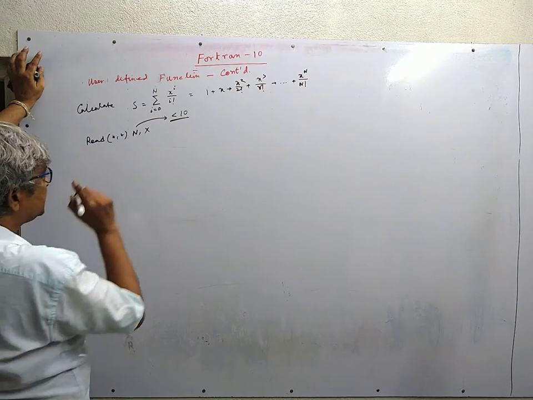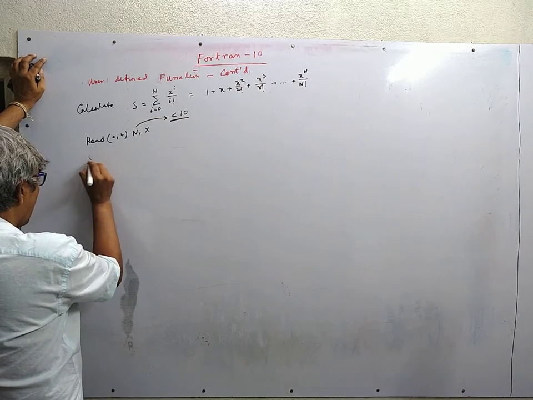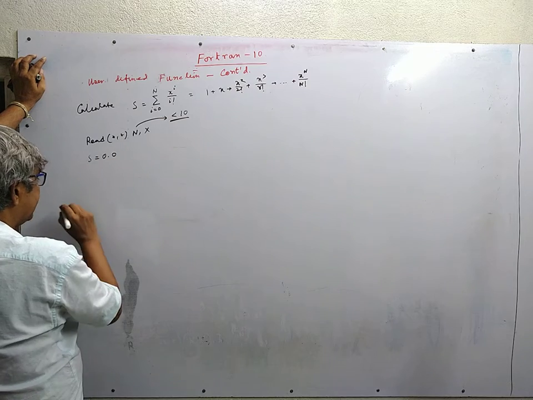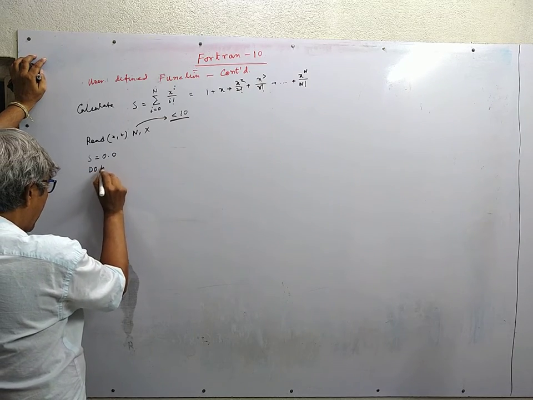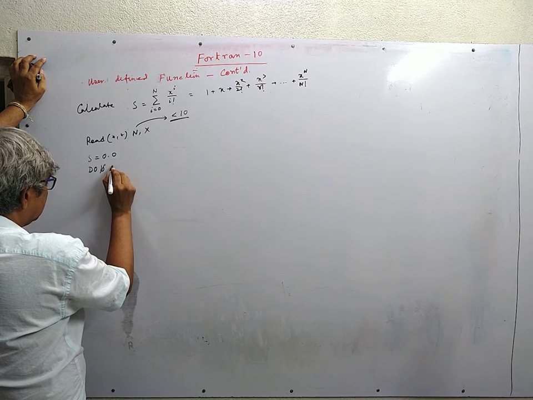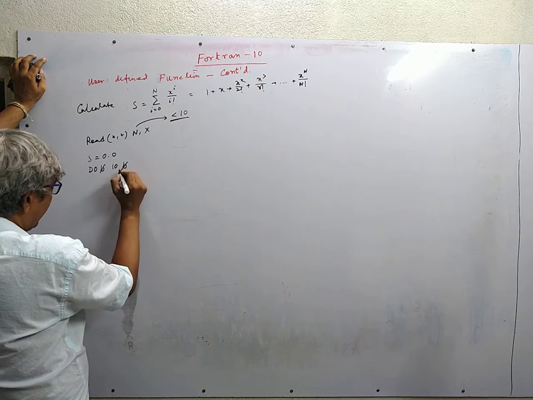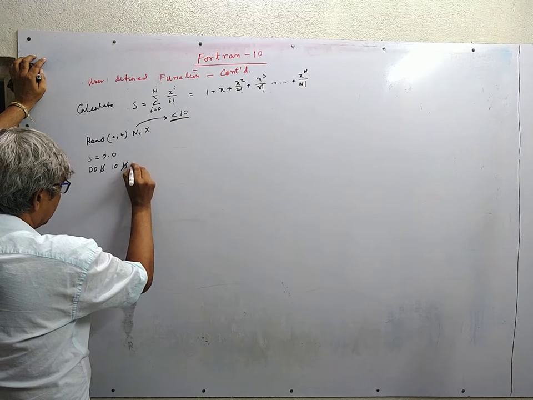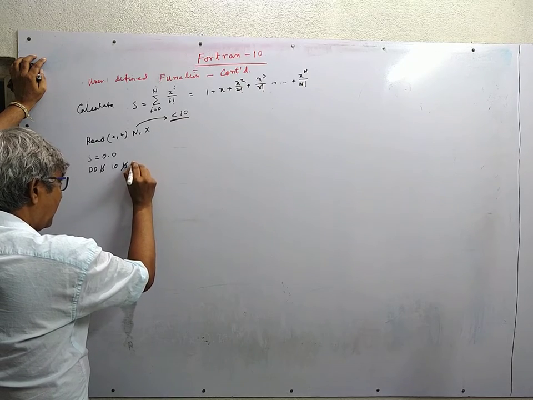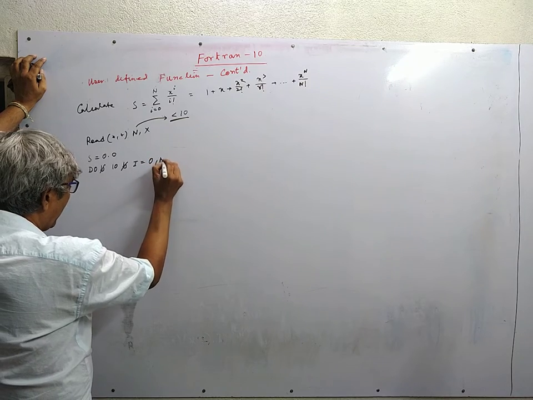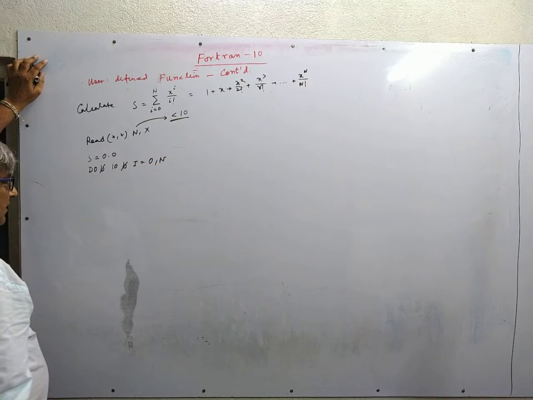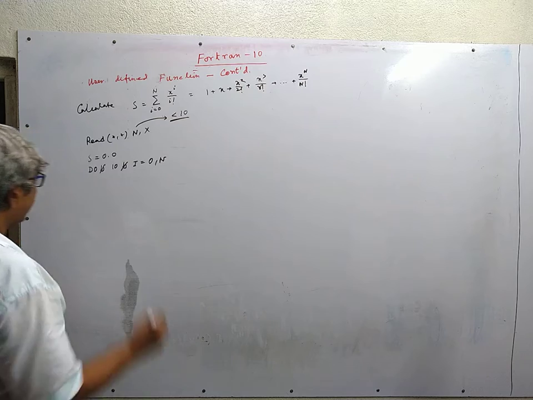Then we set sum is equal to 0.0. Then do 10 I is equal to 0 to n.